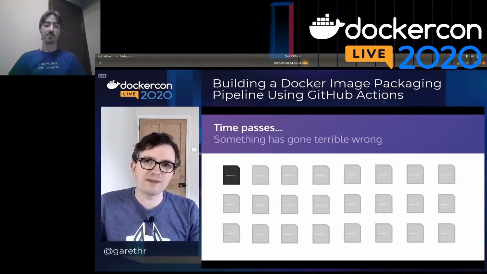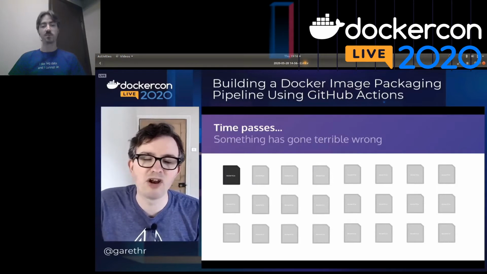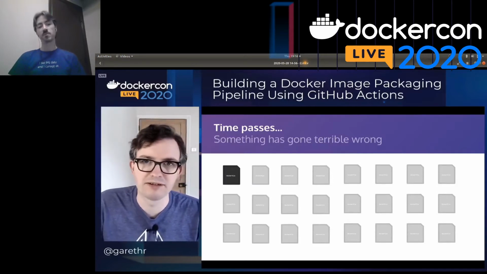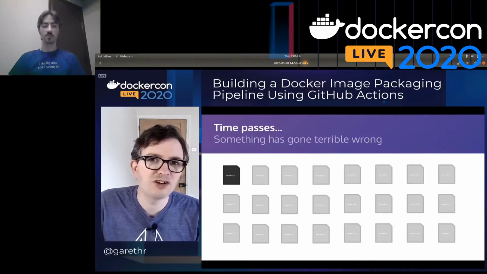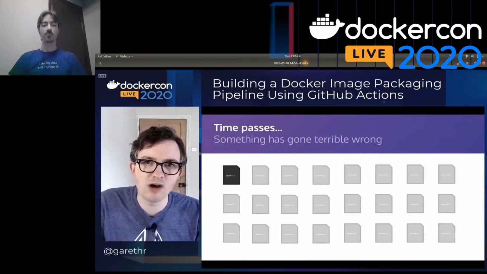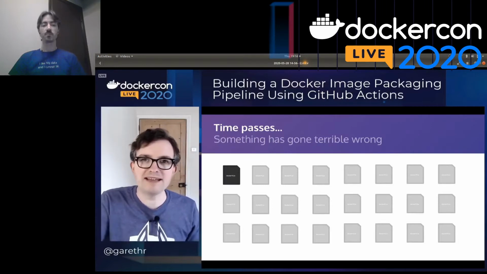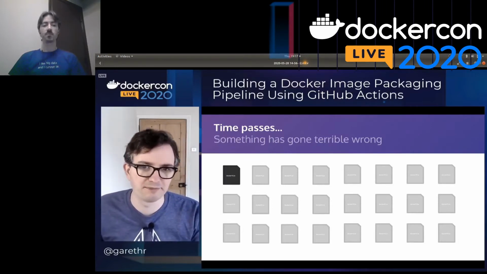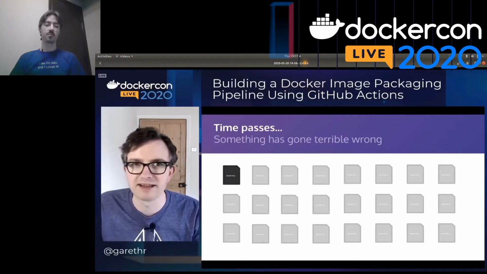And with enough time, that can get out of hand. You can have an awful lot of Dockerfiles in different repositories or in the same repository, often all with the same file name, and sharing an awful lot of the content in the files. There's a lot of duplication there from copy and paste over a period of time. That's not great from a maintenance perspective if you need to change one of those things.